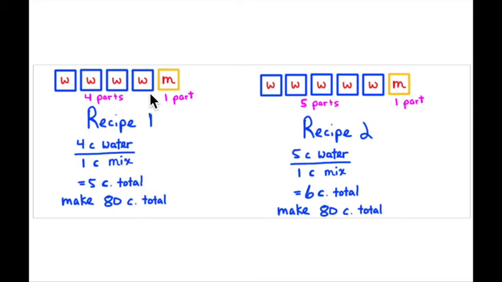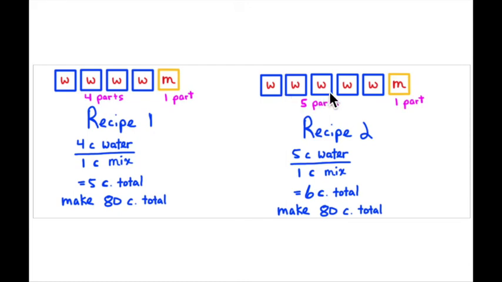And so that's made up of 4 parts of water for recipe number 1: 1 part, 2 parts, 3 parts, 4 parts, and 1 part of the mix. So this is the constant of proportionality right here. It's 4. So 4 cups of water and 1 cup of mix. I don't think we've seen this before, where there's parts to give you a total.